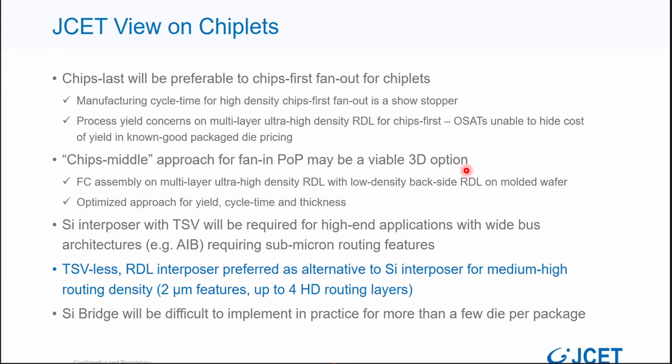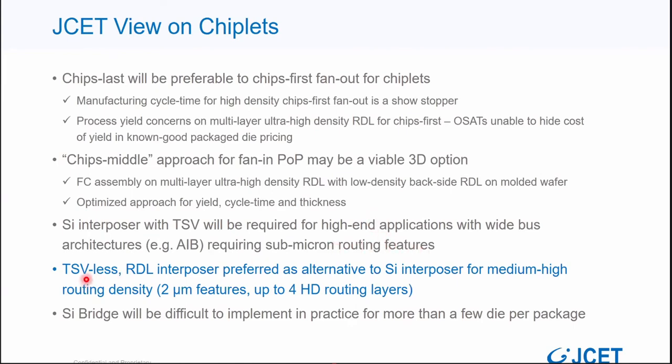It is an optimized approach for yield and cycle time, and the thickness would be permissible for this POP approach and also for other FC CSP approaches. And a silicon interposer with TSV will still be required for high-end applications with wide bus architecture, like Intel's AIB, requiring sub-micron routing density.